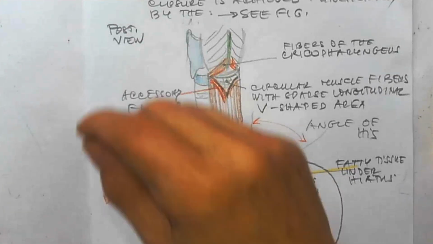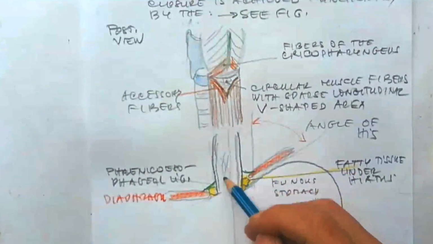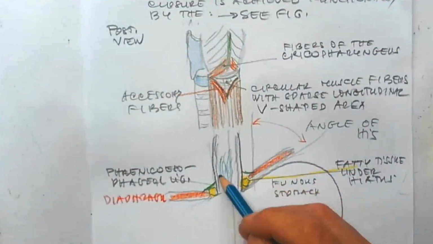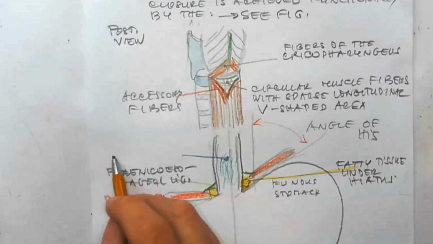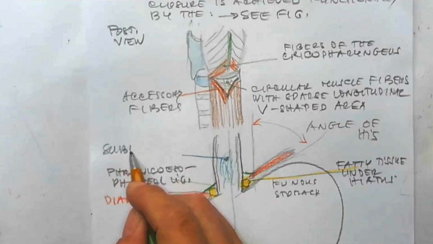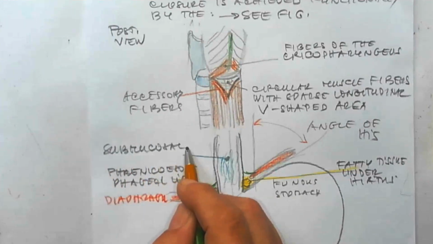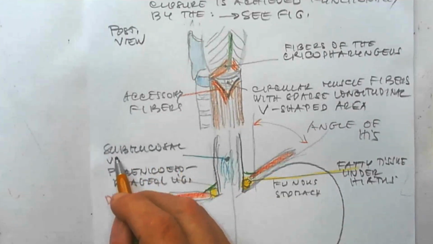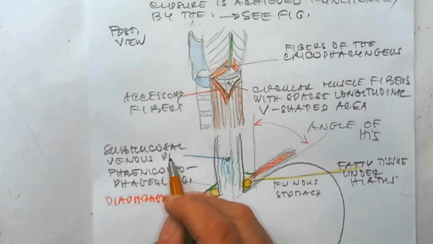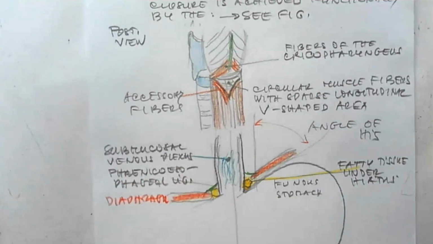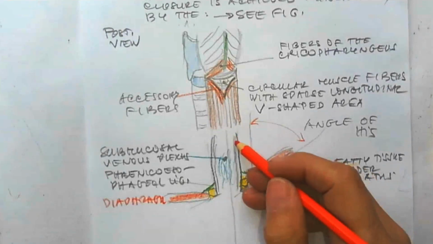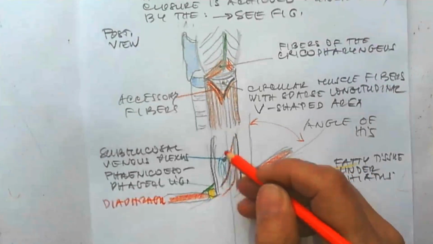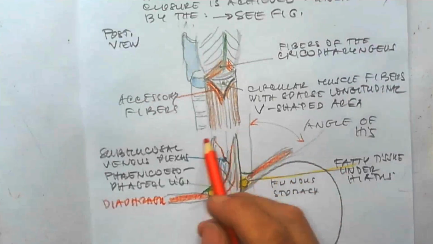Then there is the plexus. We call it the submucosal venous plexus, which is also relatively strong. So we could add one dot, submucosal venous plexus. What else? Yes, and then there are not only circular, but also some obliquely passing muscular fibers.